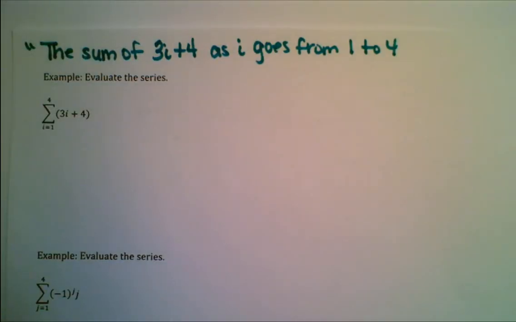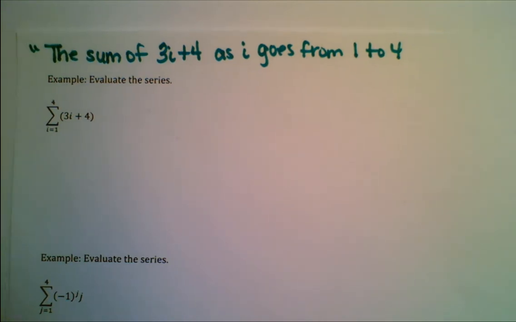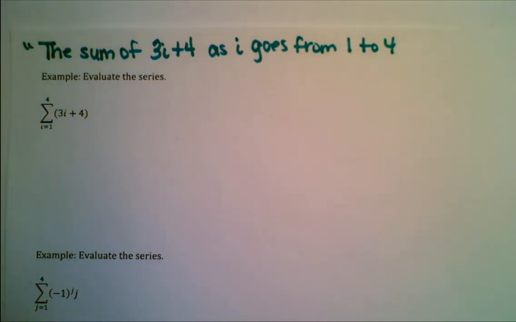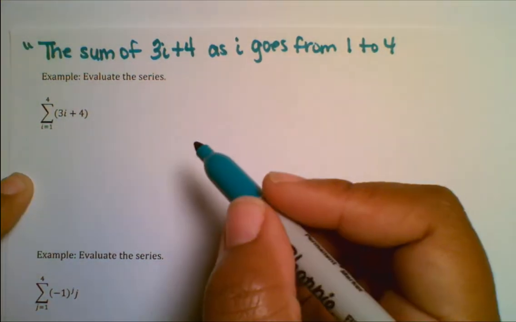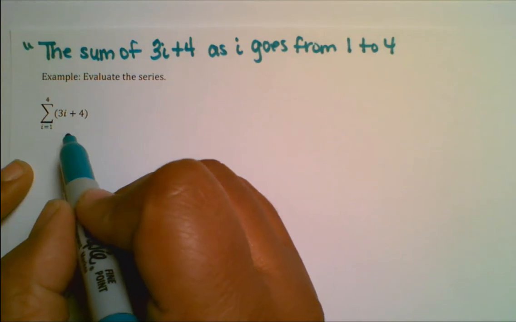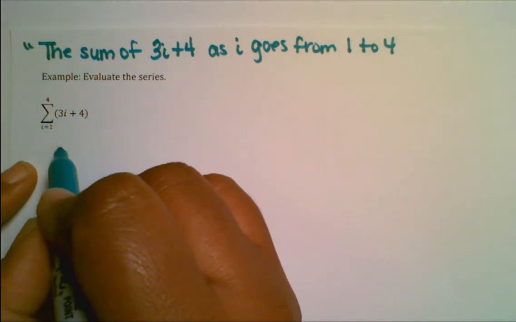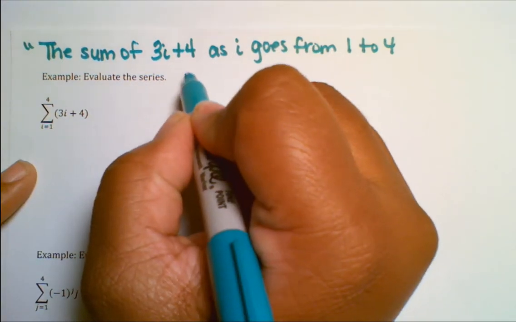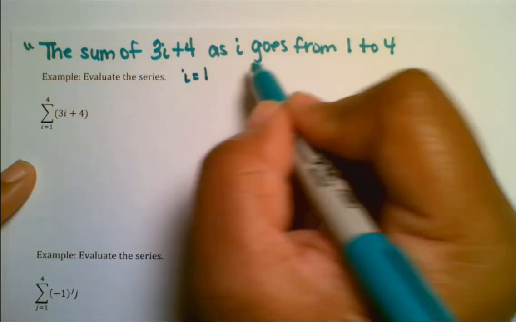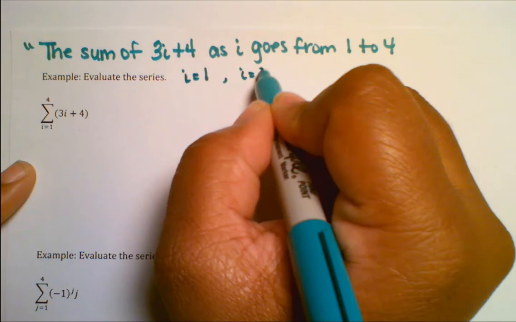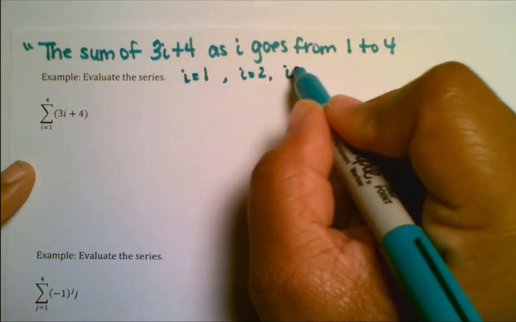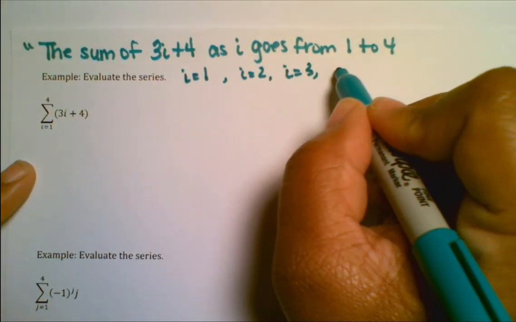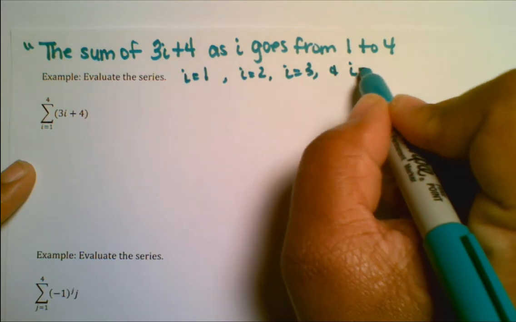So if we were talking about it as a sequence, we're looking at 4 terms. Okay, so what we're saying here is we're going to substitute 1 in for i, 2 in for i, 3 in for i, and 4 in for i.